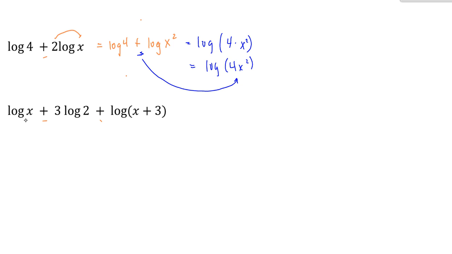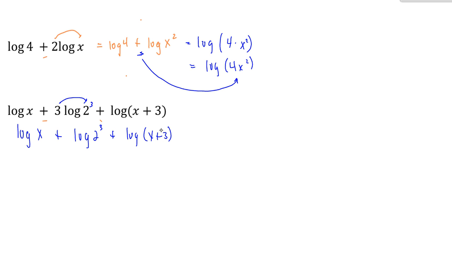Okay, I'm looking at all of these and I'm saying, is there a number out in front? Yep, that's going to become a power. No number there. So we are at log of x plus log of 2 to the 3rd plus log of x plus 3. Now, just a side note, you cannot distribute log through to that x and 3.